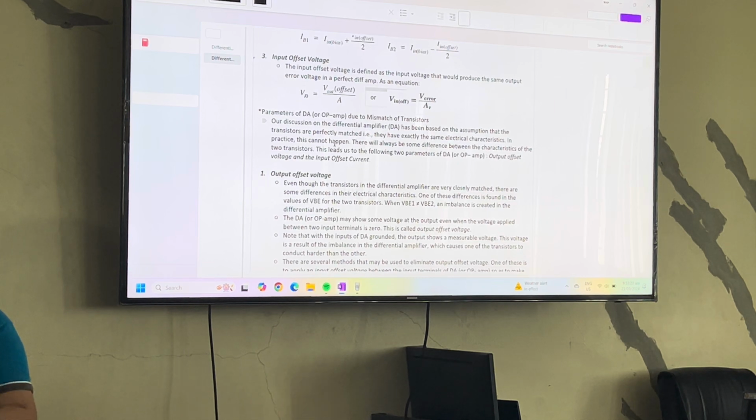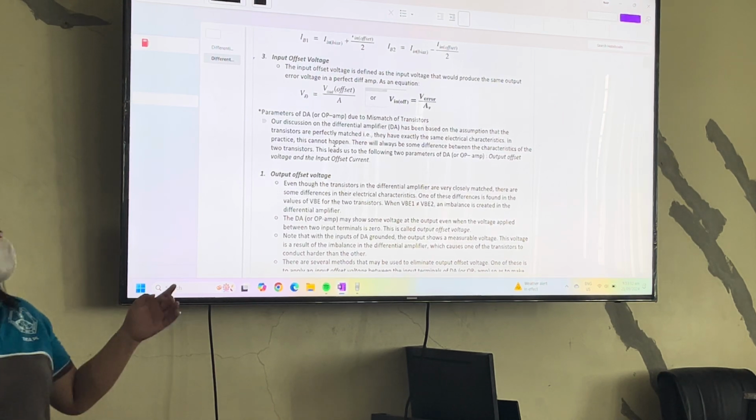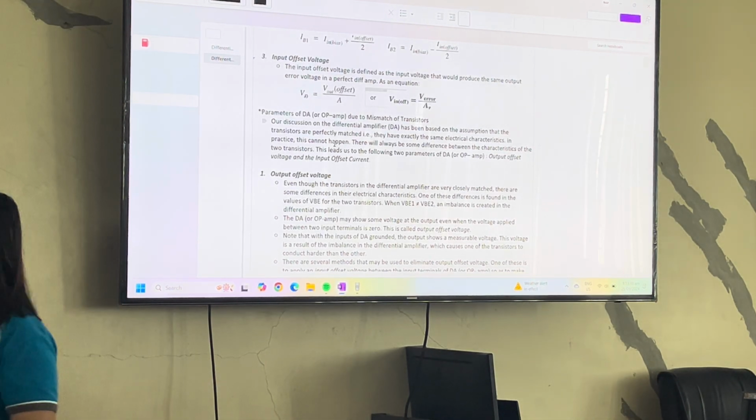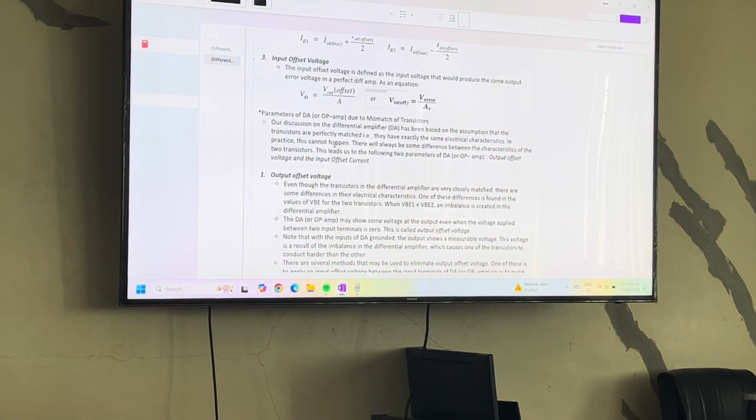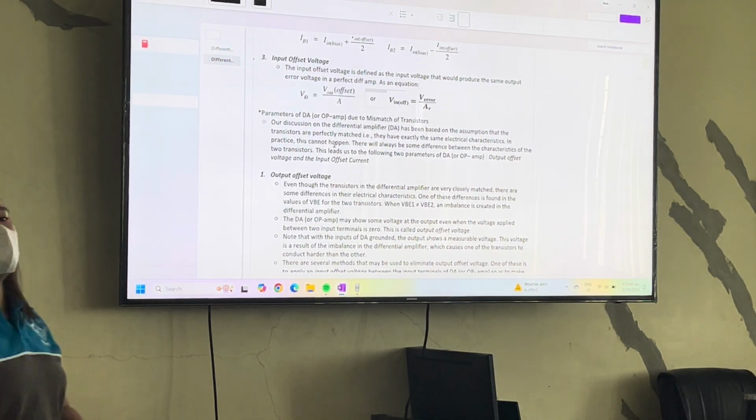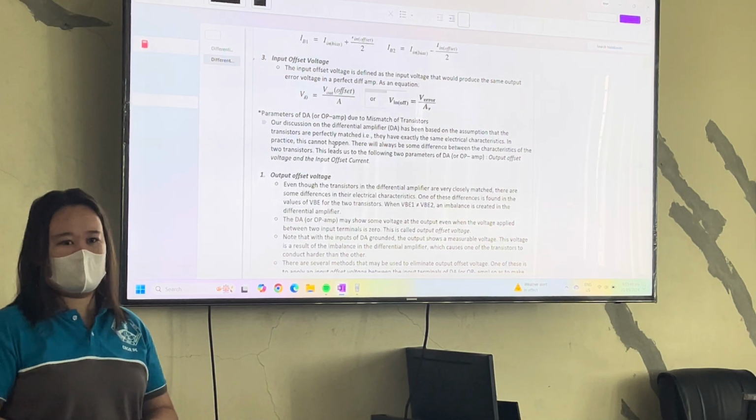It's supposed to be zero, since it should be perfectly matched. But here, no input is applied, no signal is applied, and yet the output shows a noticeable, measurable voltage.